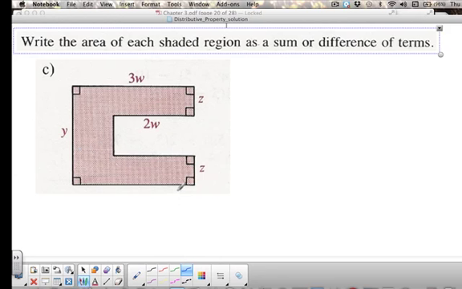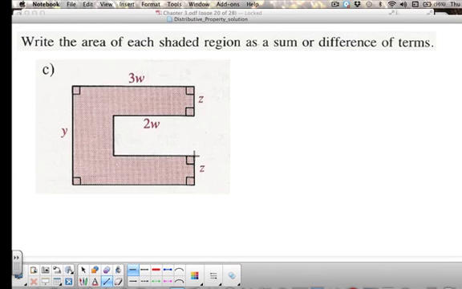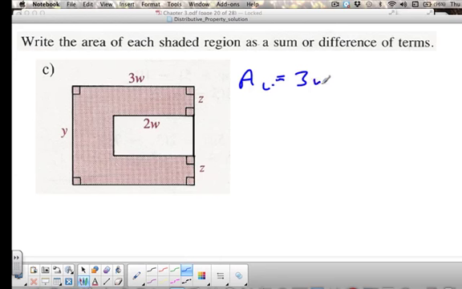Now, the next one, the easiest way to do a question like this is to divide it into a large rectangle and a small one. Now, the area of our large rectangle is equal to 3w times y, which is equal to 3wy.